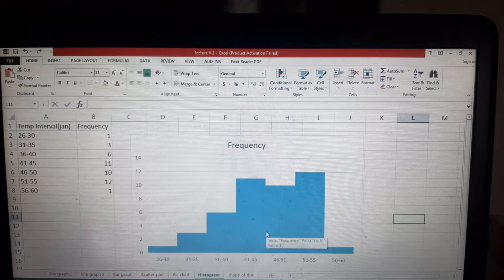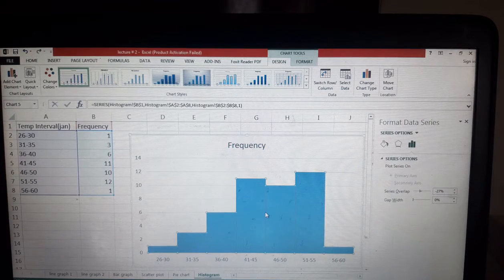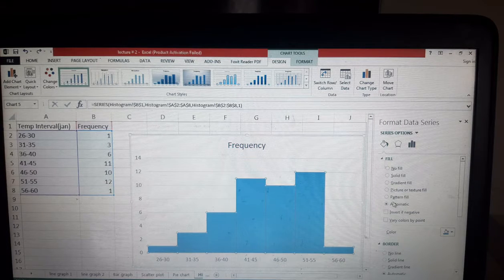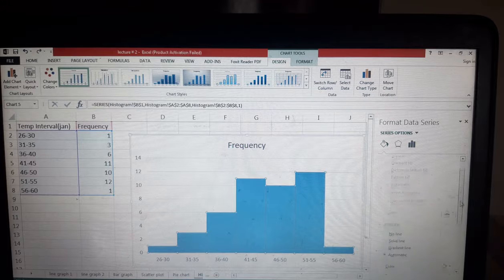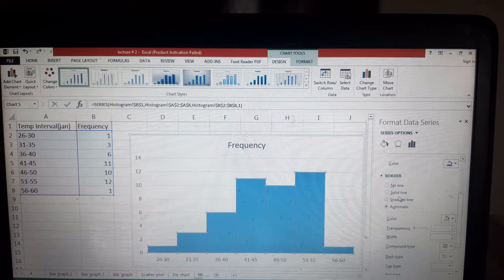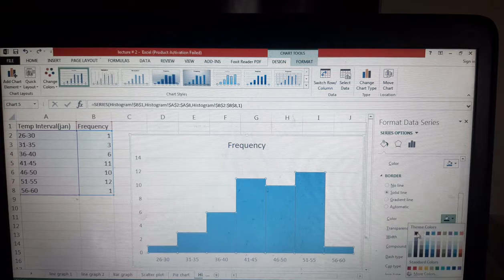Now separate the bars by a solid line by double-clicking the bars. Click Fill and Line. Under the Border heading, click Solid Line and use black color.